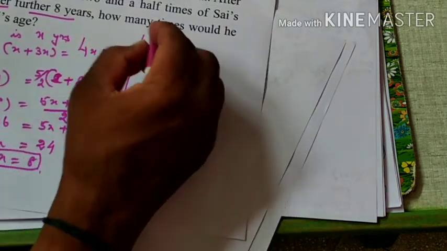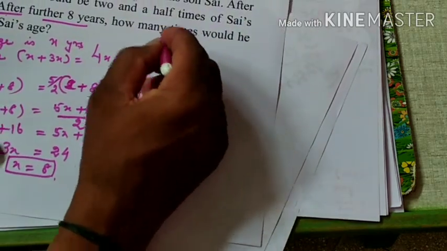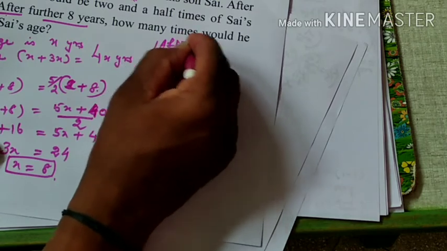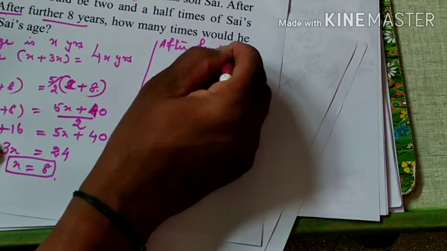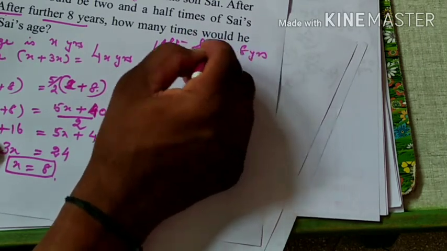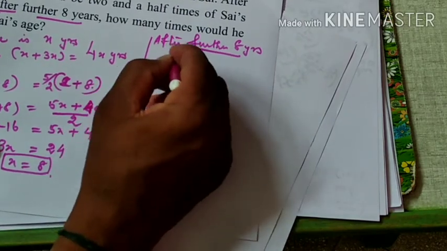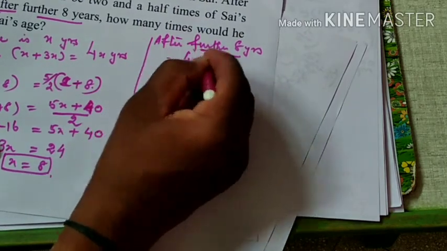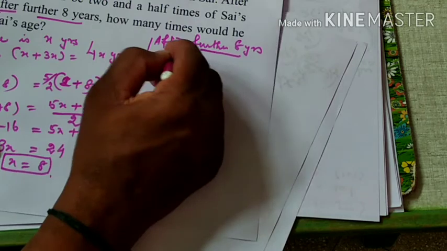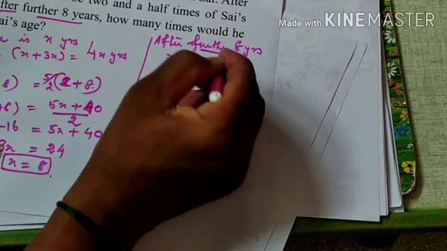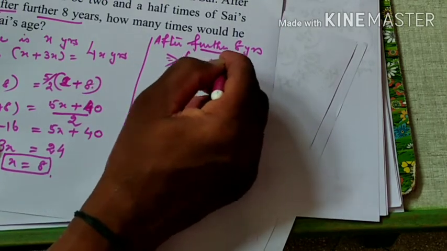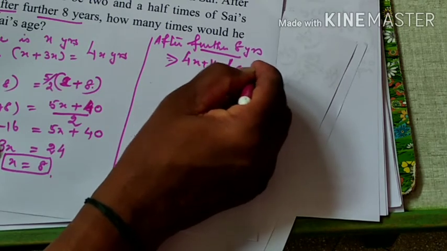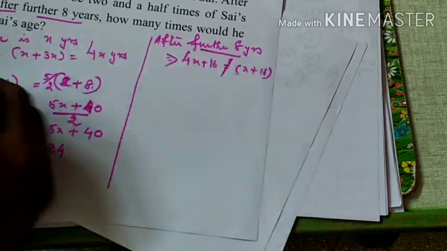Now, after a further 8 years. So now, what are you going to do here? 4x, already we have 8. Here, this implies 4x plus 8 plus 8, 16, over x plus 16. We are going to find the ratio.